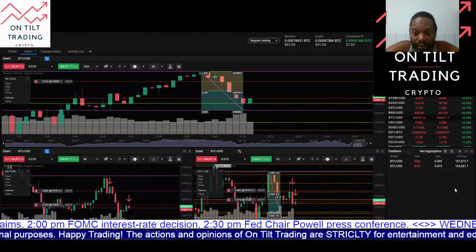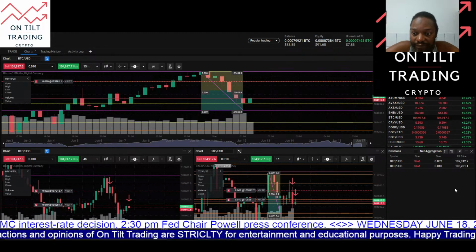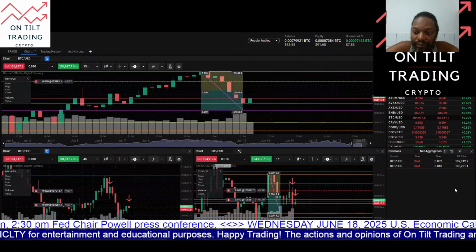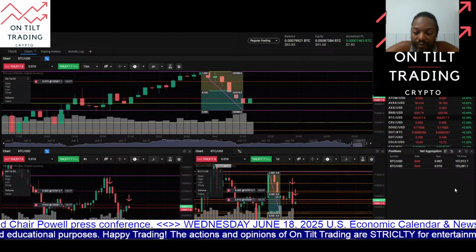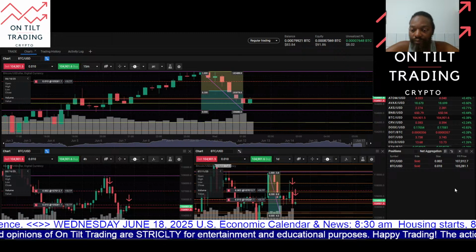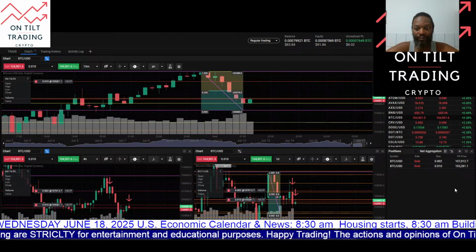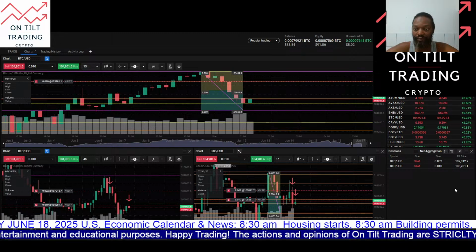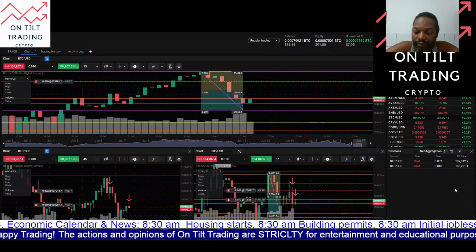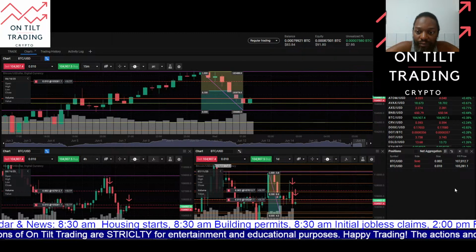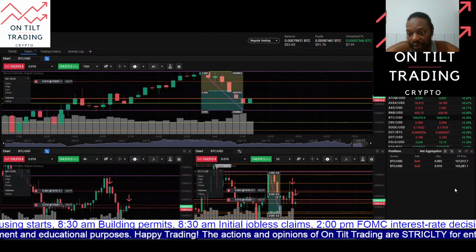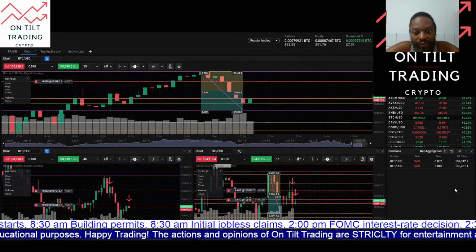In less than 5 minutes remaining in this candle. Price consolidating at the 104,900 level.